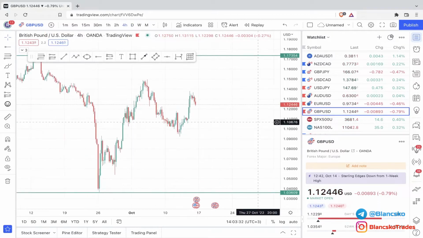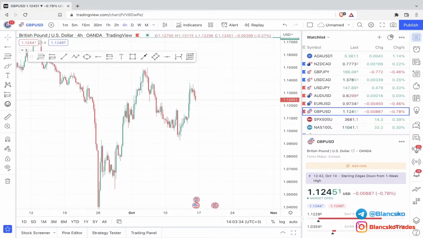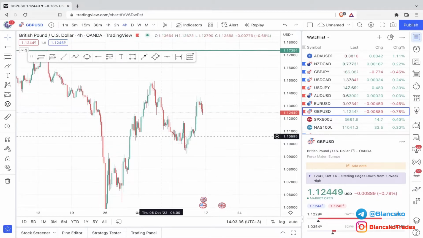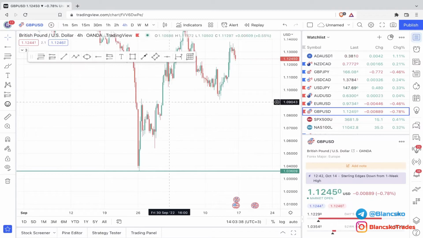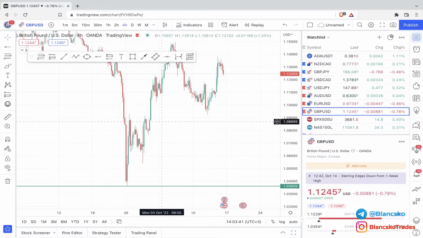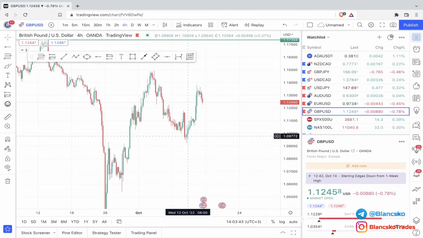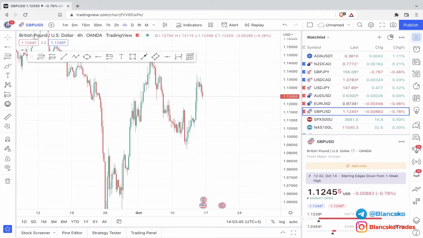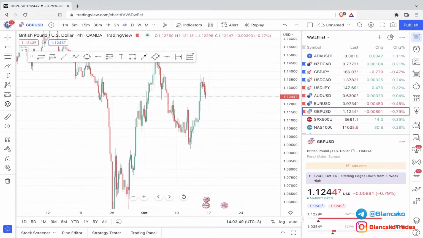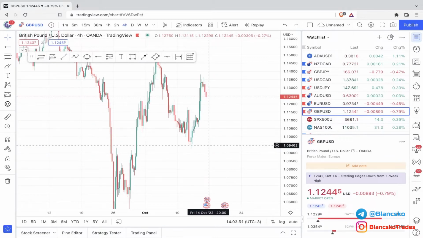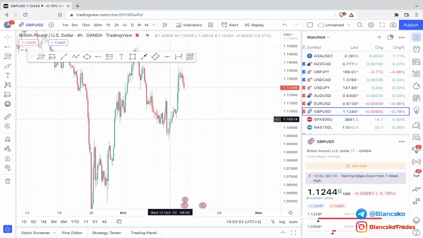and on the H4 we can see that we have something different. Okay, we had this big drop here that caused imbalance in the market. Then the market filled that imbalance with this up push, and currently I could say that on a micro perspective, GBPUSD is in an uptrend, okay, on a short-term bias. Why?